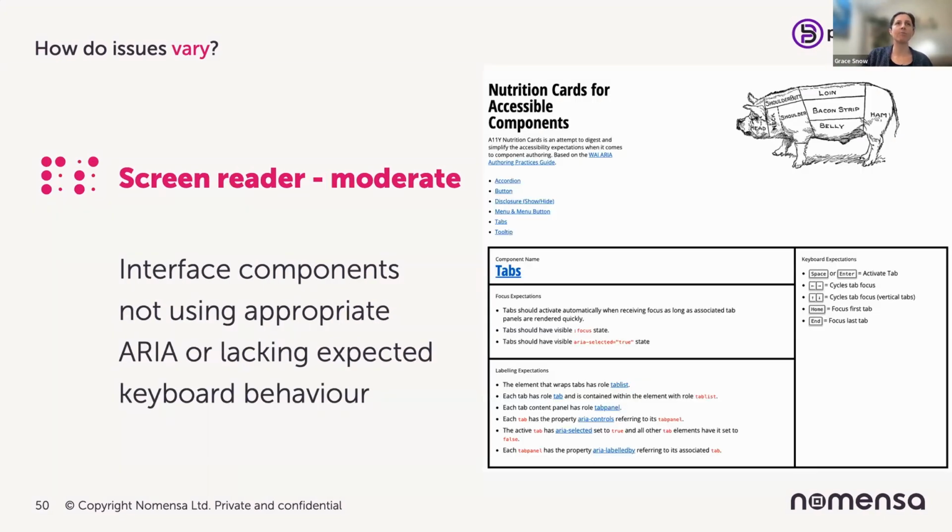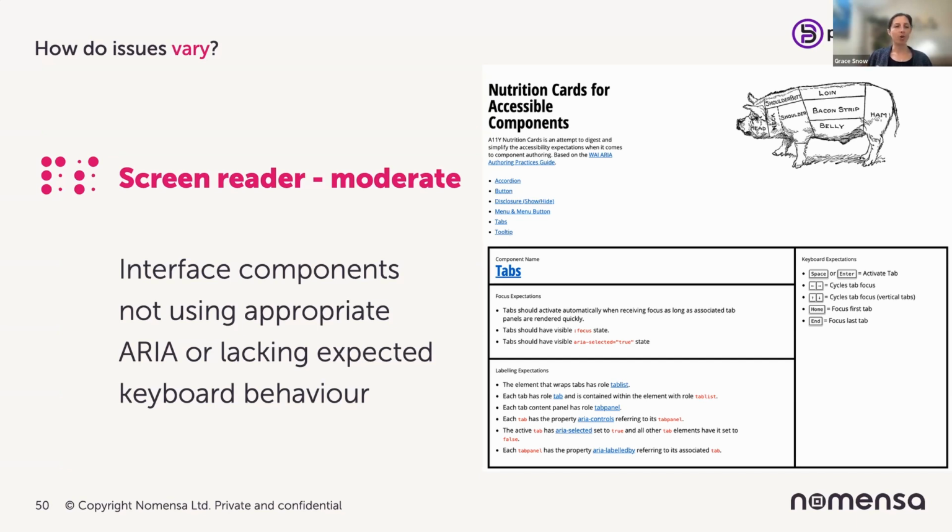A moderate screen reader issue might be interface components not using the appropriate ARIA, or lacking expected keyboard behavior. Again, this could be severe. It could even be blocker. It does depend on what the specifics are. But I'm thinking of things like state not being communicated.